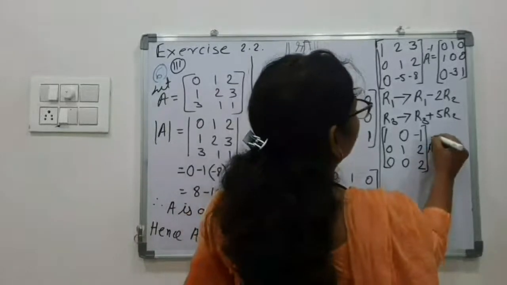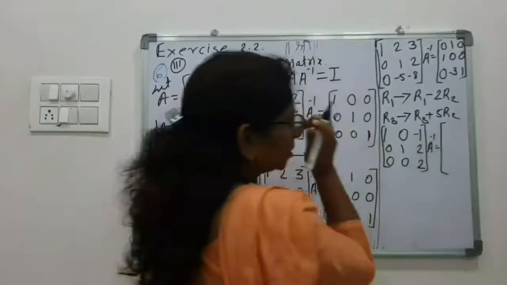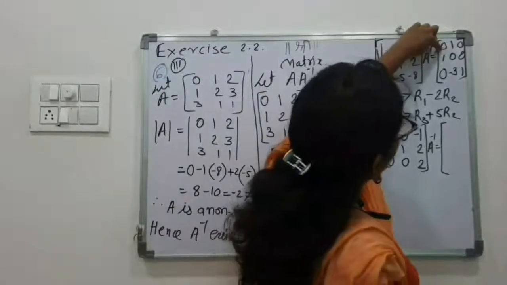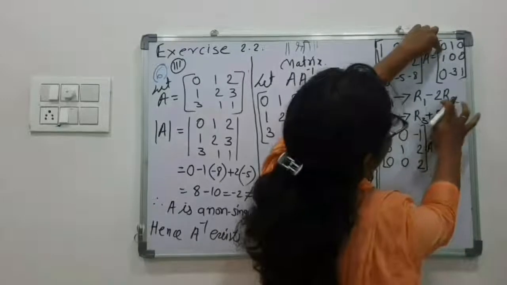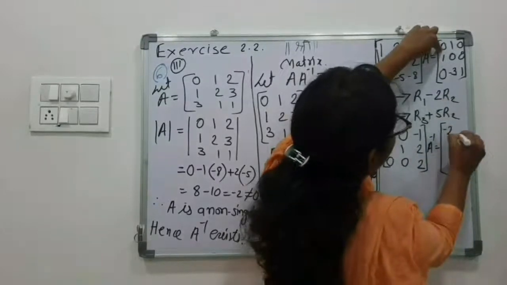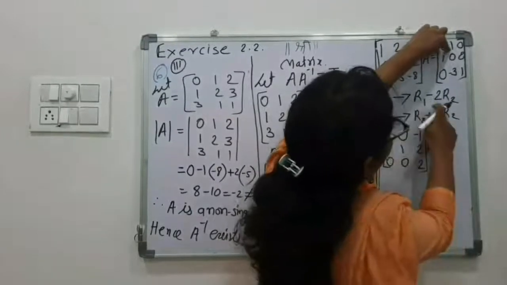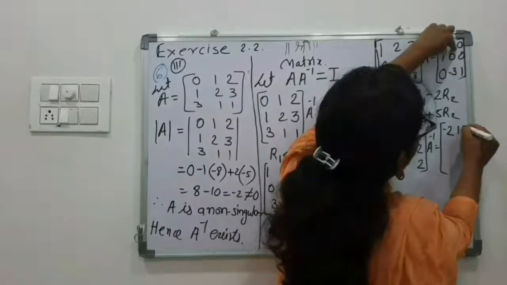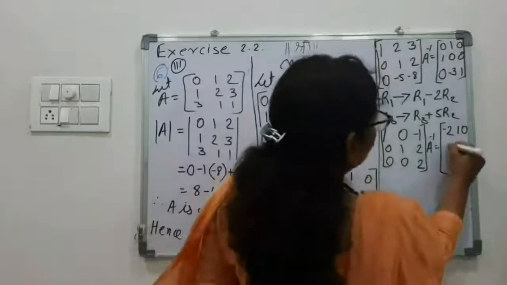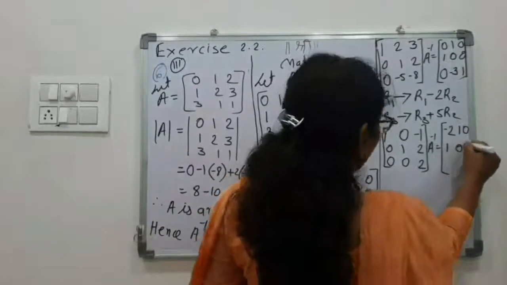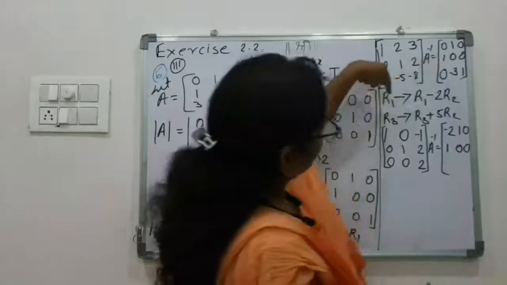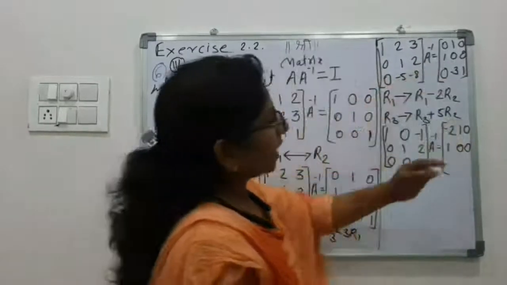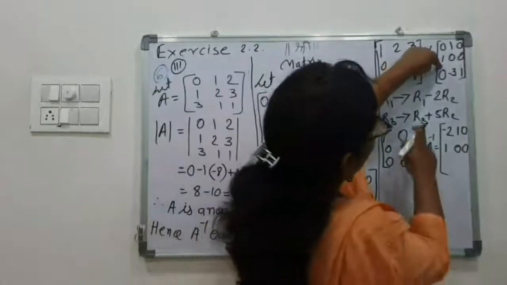Now come on right side. So R1, again what is R1? R1 0, minus 2 R2 means minus 2. Then 1 minus 2 0 means 1. Then 0, both are 0, so 0. For this nothing to do because there is no transformation for R2. So R2 we will write as it is. Now apply here this transformation.